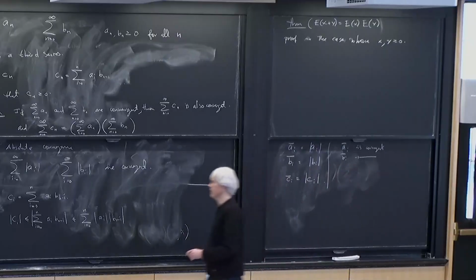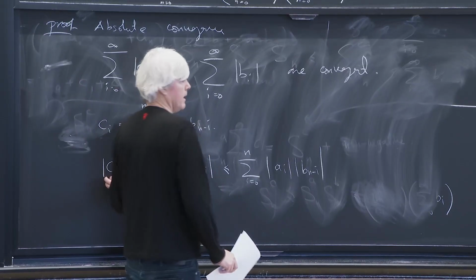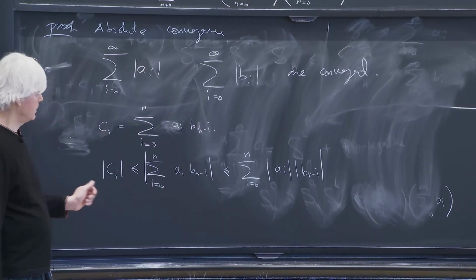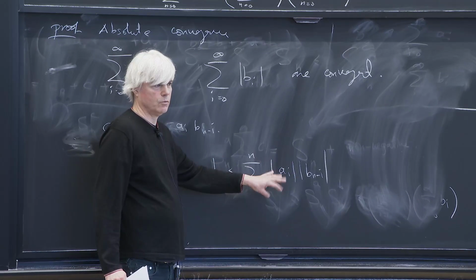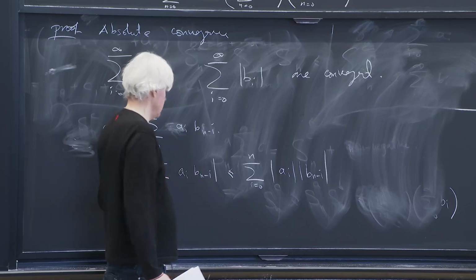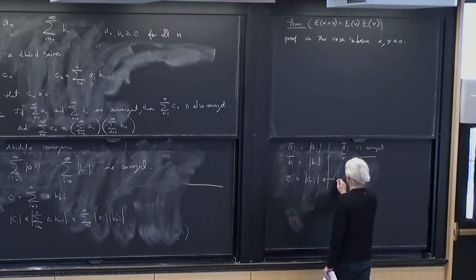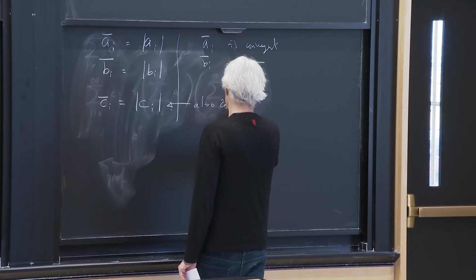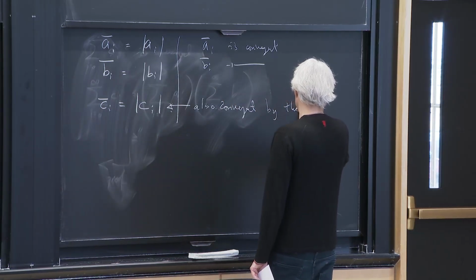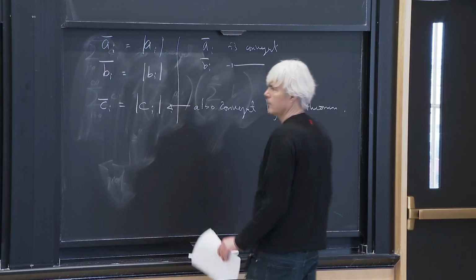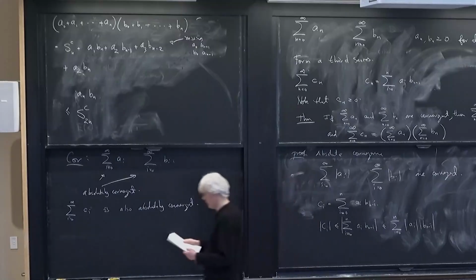And this inequality proves that the c_i bar is also convergent, because this is the one where you form the products of these two convergent sequences. So this one is also convergent, by the theorem. Okay, anyway, that was just an observation that we get this sort of statement out of it.